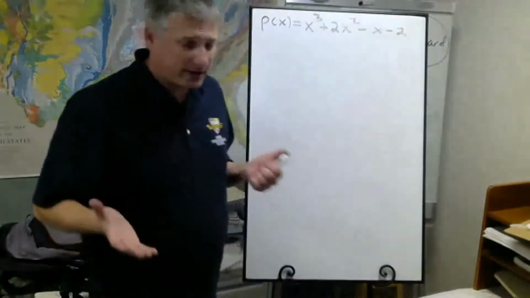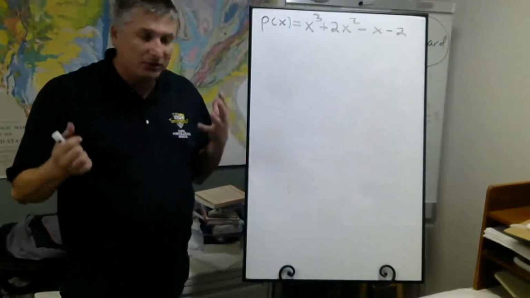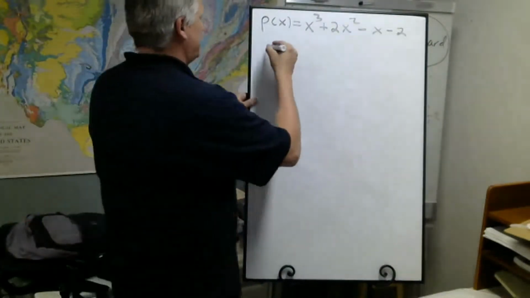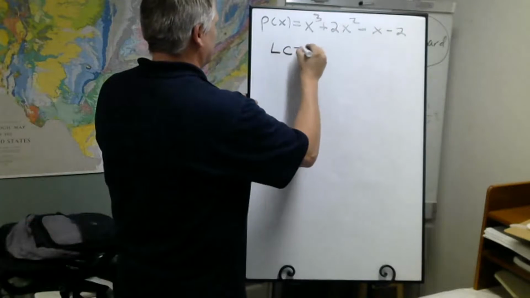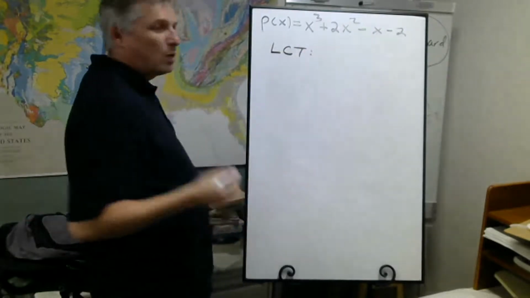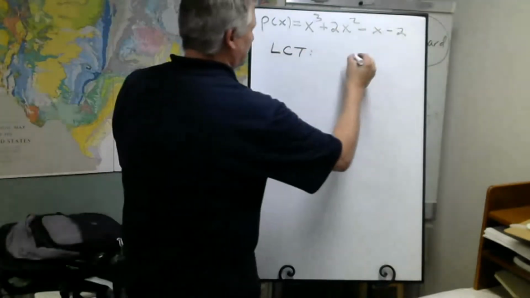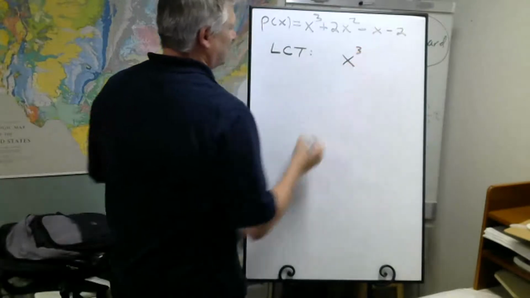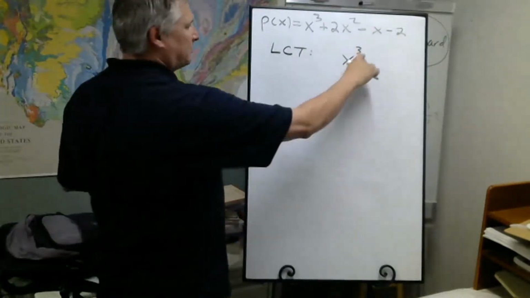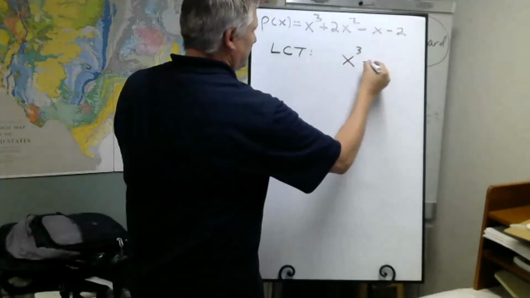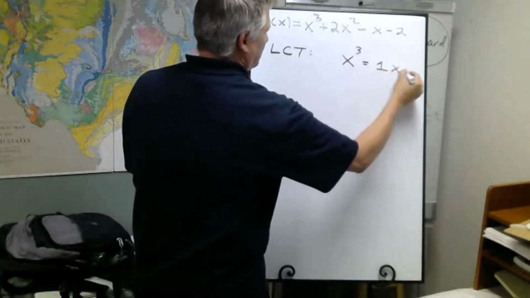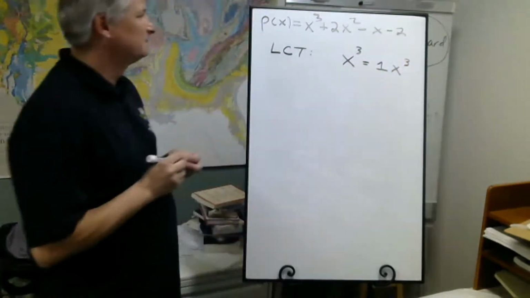What the text recommends doing first is the lead coefficient test. So I'll abbreviate this. We want to look at the lead term, which for us is x cubed. And let's take a look at the exponent and the coefficient. And remember, this is really 1x cubed.